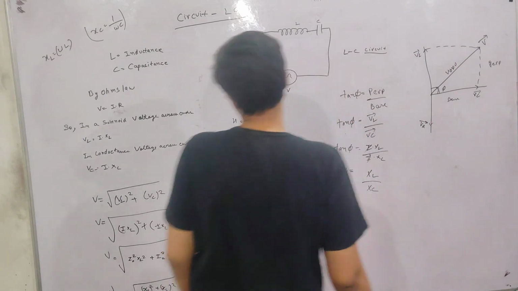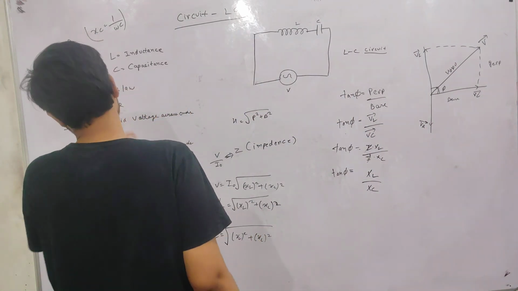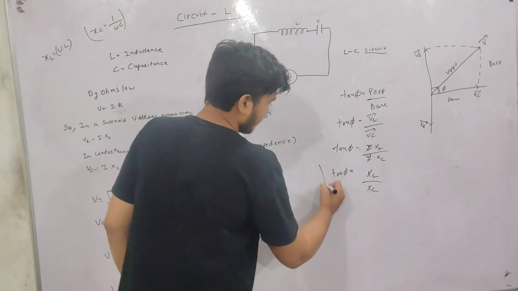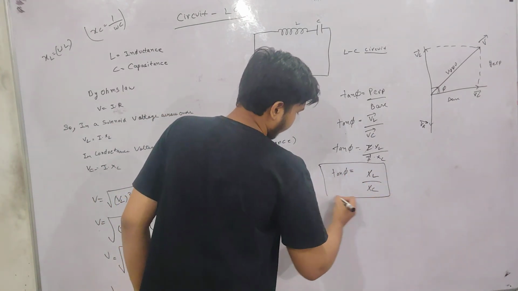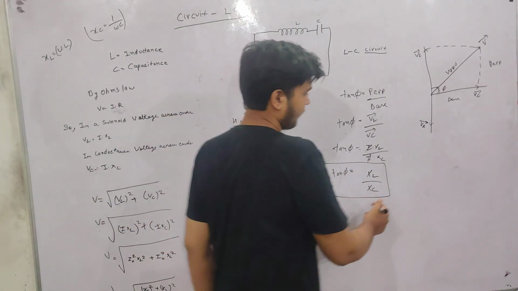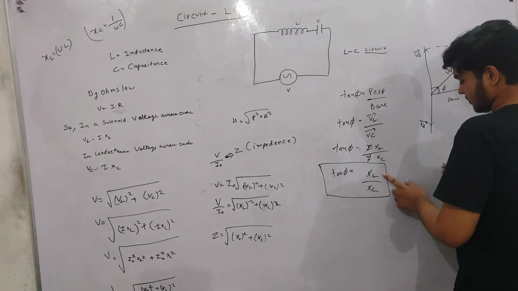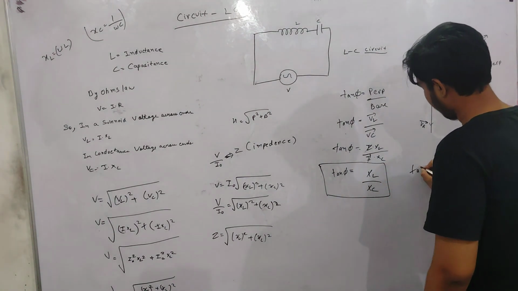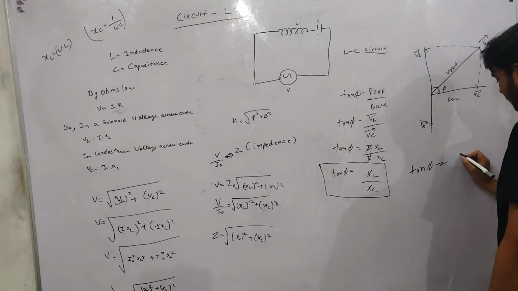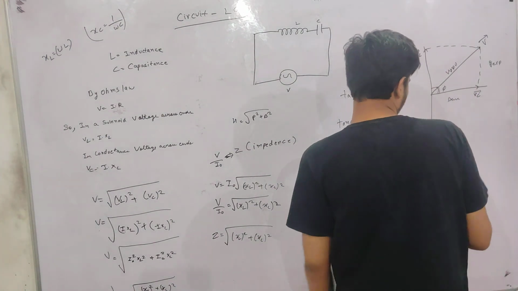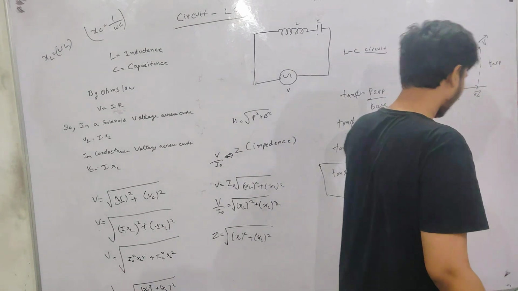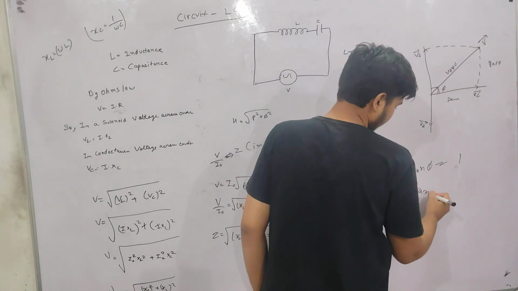In the exam we will be given the voltage and current. From this we can derive XL and XC, and this will give the value of tan phi. By putting the values, if tan phi equals XL by XC equals 1, then we know from trigonometry the angle.